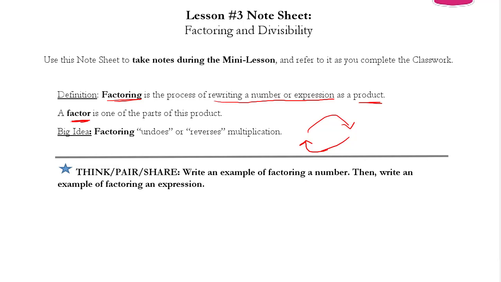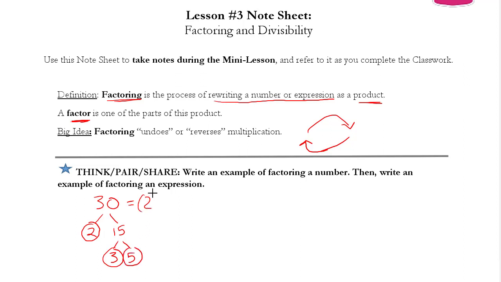So let's see what this looks like. We're asked to write an example of factoring a number. There are many different ways that we can factor a number. Let's take the number 30. One way to do it is we could think about a factor tree. Remember when you said 30 is what times what? Well, we said 30 could be 2 times 15, and then you get it down to all its prime factors. 15 is 3 times 5, and so we can say that 30 is really 2(3)(5).